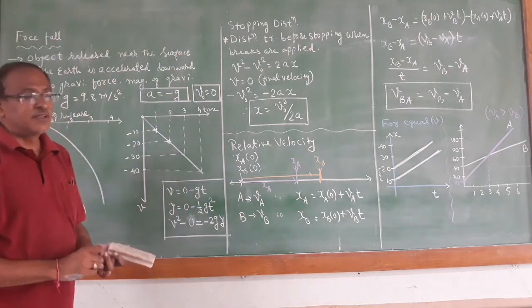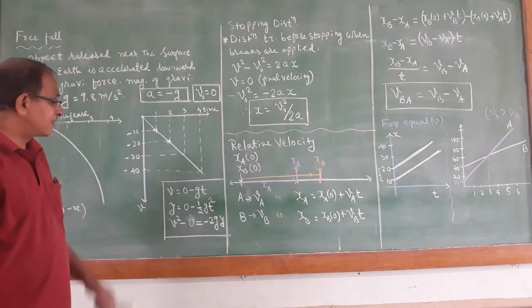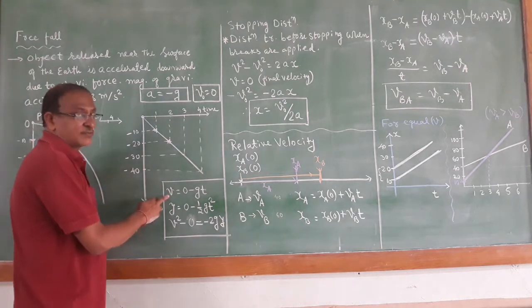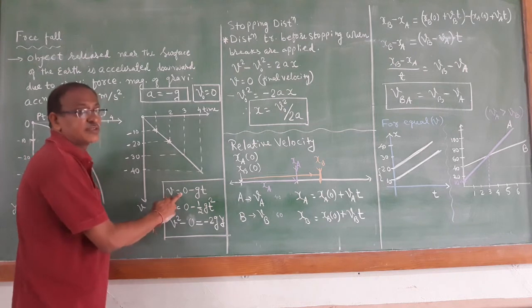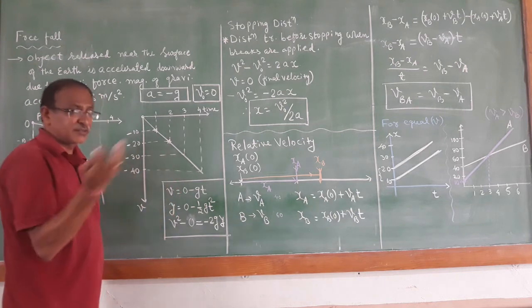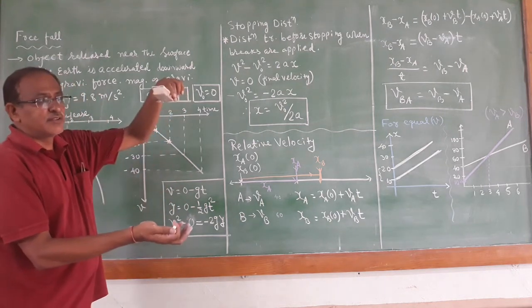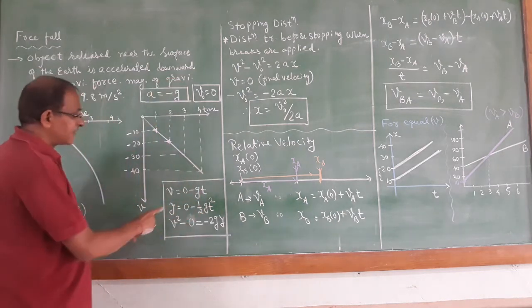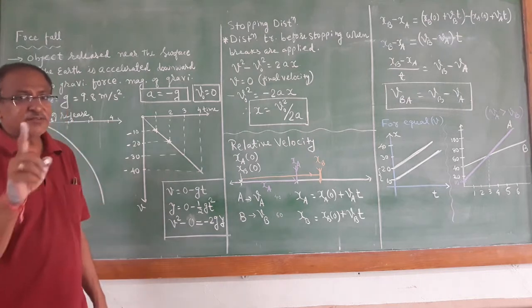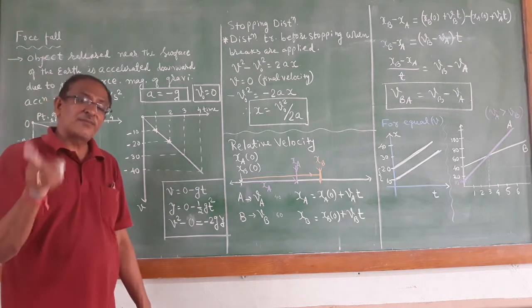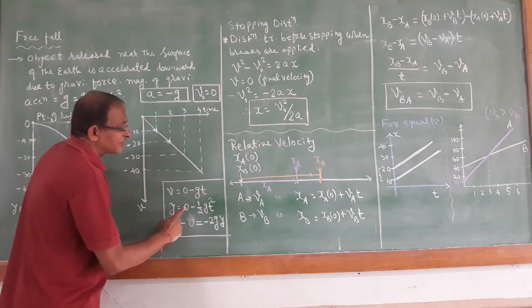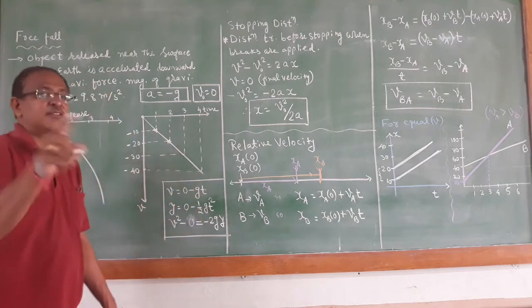Now our equation is v equals v0 plus at. Here v, the final velocity, is equal to v0, and v0 is 0 as we are releasing with 0 velocity, so v equals 0 minus gt. Then displacement x is equal to v0 t plus half at square. Now v0 is 0, so y is equal to 0 minus 1 half gt square.